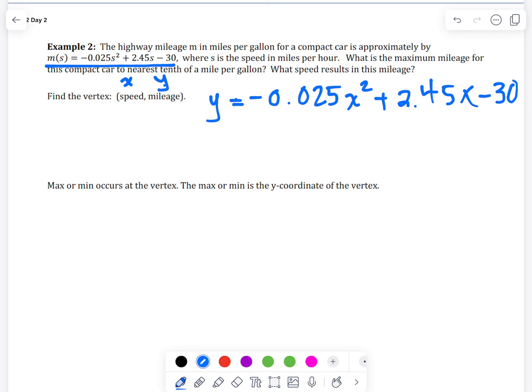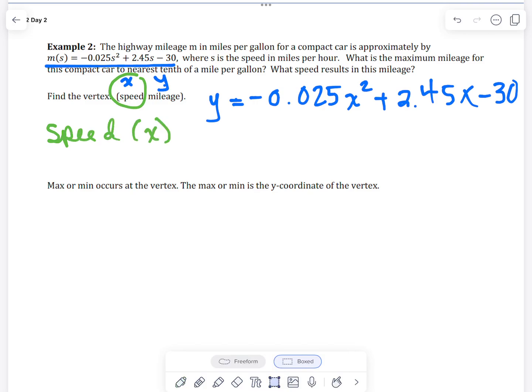So we've already done some problems where we find the vertex by opposite of b over 2a, and then we substitute that value in. So let's first find the speed. So to find the speed, we're looking for the x of the vertex. What is that number? So we do opposite of b over 2a, just like we do the axis of symmetry.